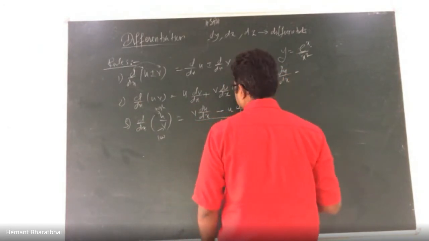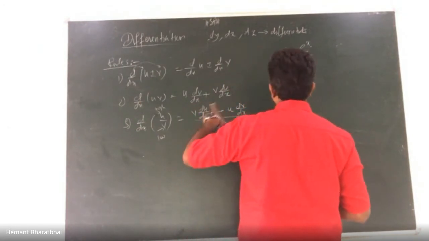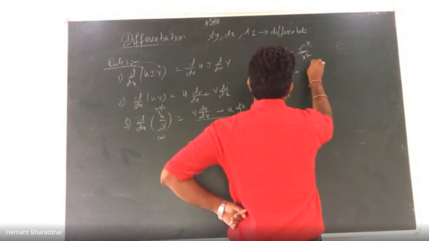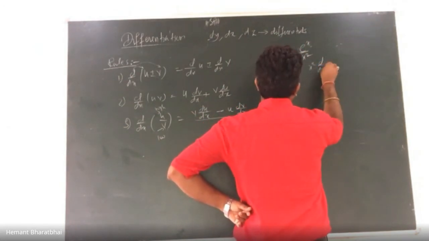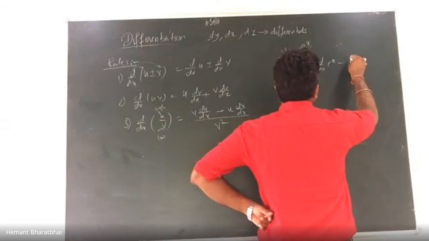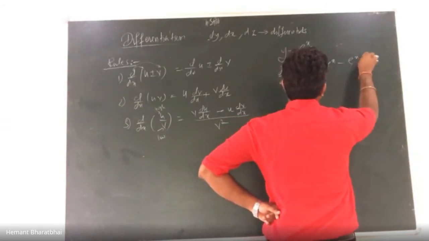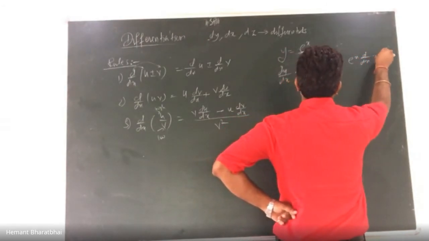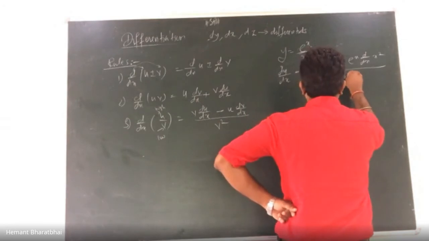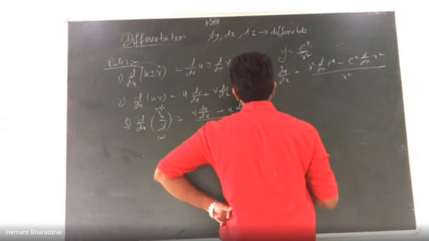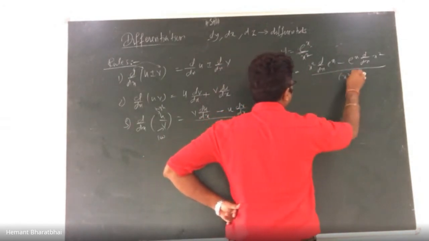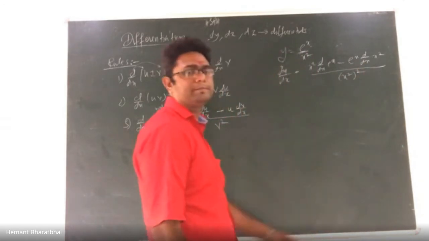So dy/dx will be, first I'll take the derivative of the upper one, so x squared into d/dx of e raised to x, minus e raised to x into d/dx of x squared, the whole upon, sorry, x squared, the whole squared.